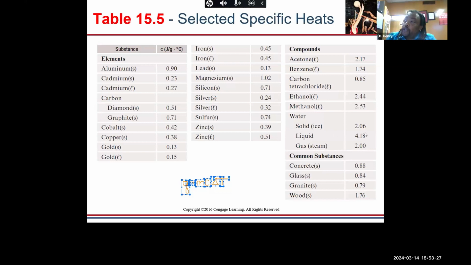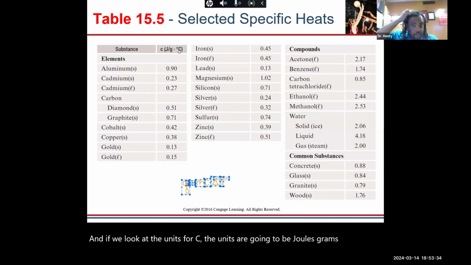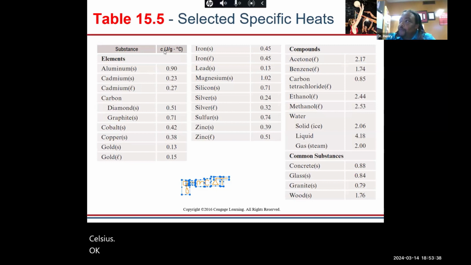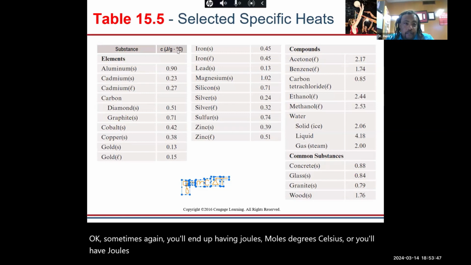And if we look at the units for C, the units are going to be joules per gram degrees Celsius. Okay. Sometimes, again, you'll end up having joules per mole degrees Celsius. Or you'll have joules per gram degrees Kelvin.